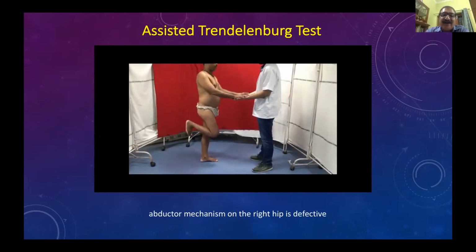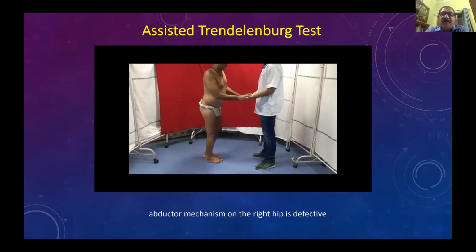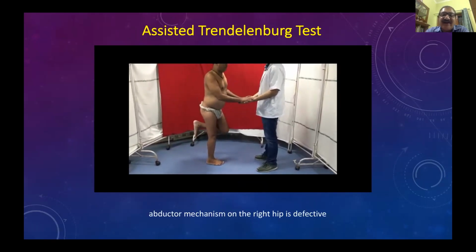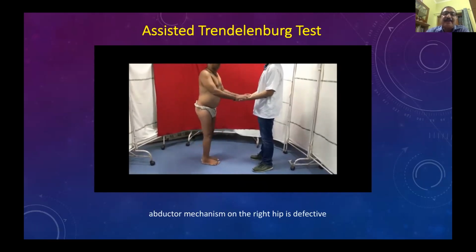The moment we ask him to stand on the affected side, that is the right side, he puts extra weight with the help of his left hand on the clinician's right hand, and only then he is able to stand. Please notice that the patient is putting extra weight on the clinician's right hand with his left hand. This is the assisted Trendelenburg test.